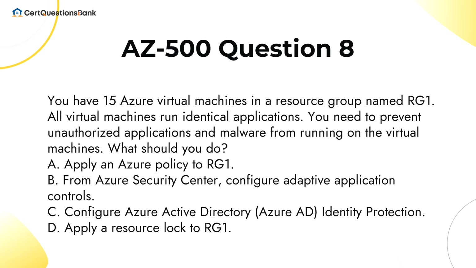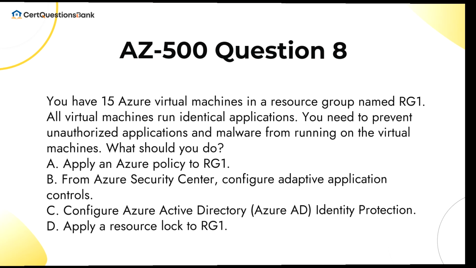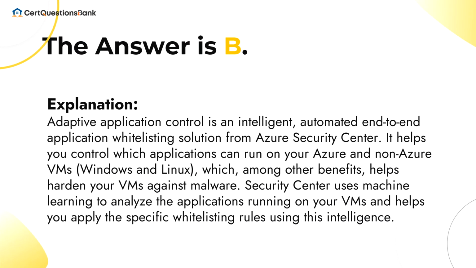B. From Azure Security Center, configure adaptive application controls. C. Configure Azure Active Directory, Azure AD, Identity Protection. D. Apply a resource lock to RG1. The answer is B.